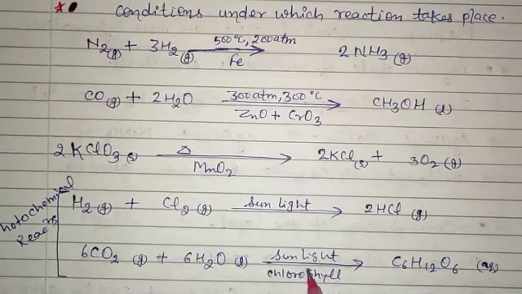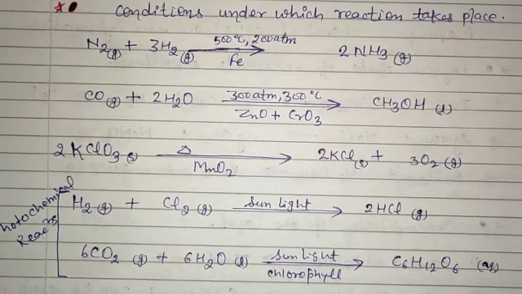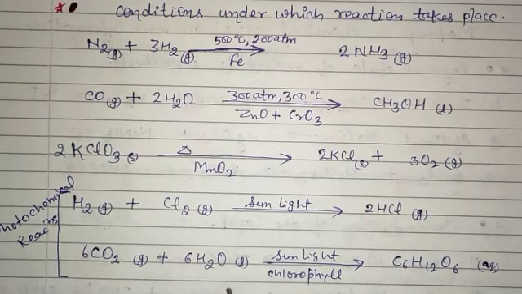Sunlight is an essential condition, and chlorophyll, which is present in the plants, helps in the process of making glucose. So the essential conditions are light and chlorophyll for photosynthesis to proceed.